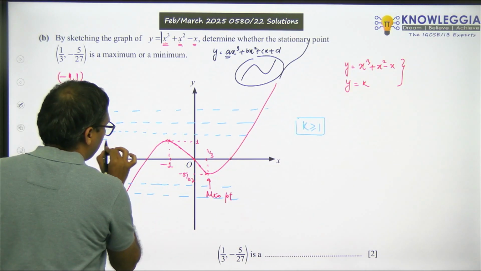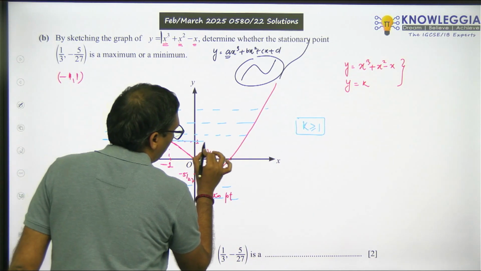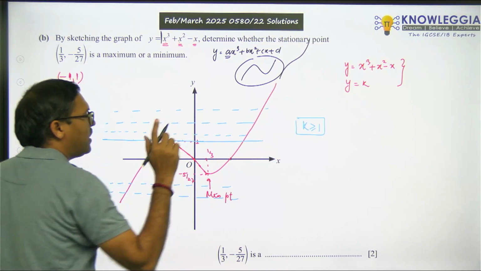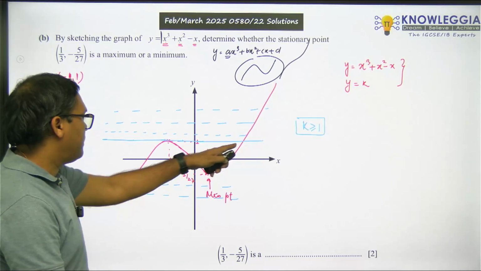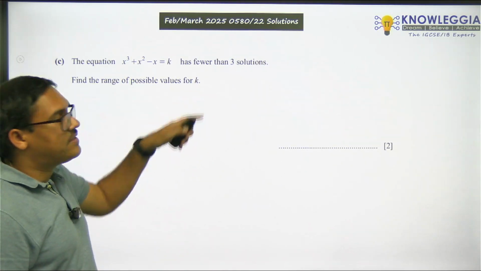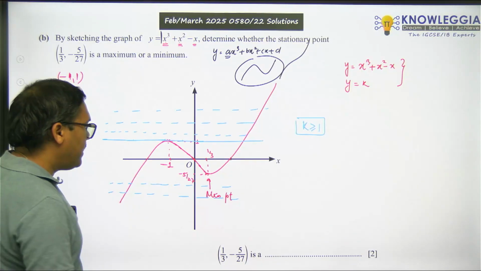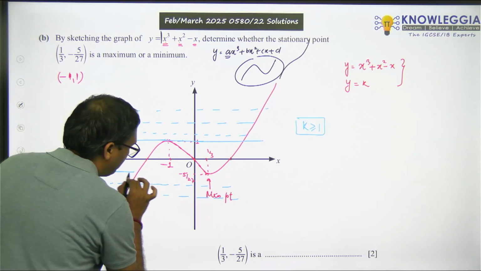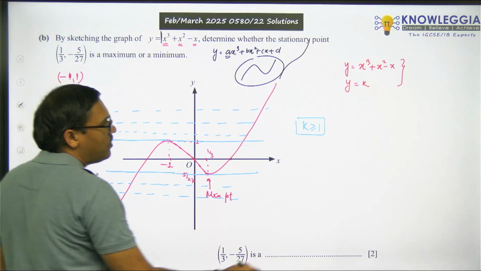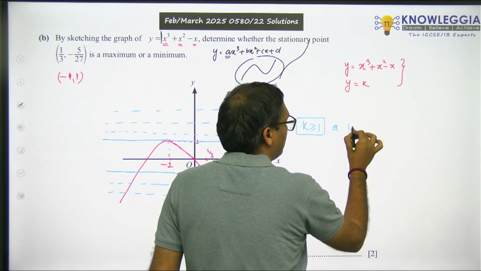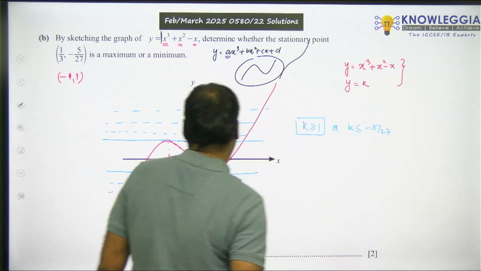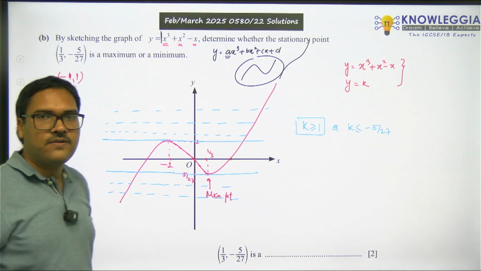Why? Because if this is the line y is equal to 1, above this, if I draw any line, this will intersect the graph at only 1 point, or this is intersecting at only 2 points. We want fewer than, less than 3 solutions. Or it can be below this. This is the boundary, minus 5 by 27. This should be below, that is, k should be less than or equal to minus 5 by 27.